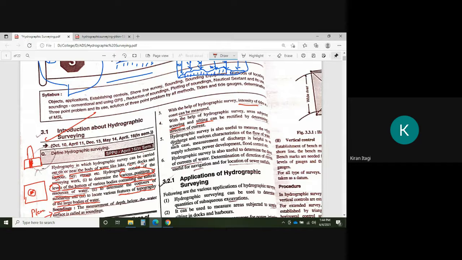We can measure the velocity, discharge, and various characteristics of flow of water. Hydrographic surveying is also used to determine the direction of current of waters. In which direction it is flowing, because by determining the levels, it is at a higher level and at a lower level, so the water will flow towards the downstream side.